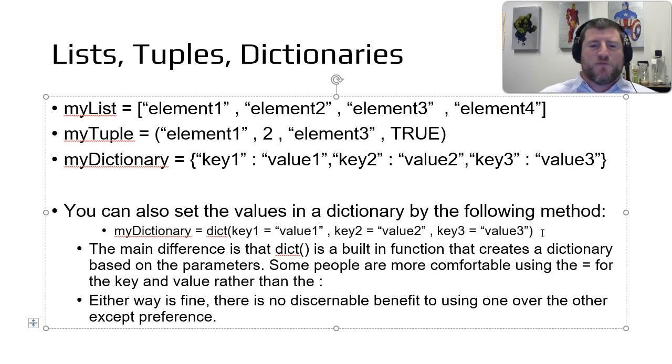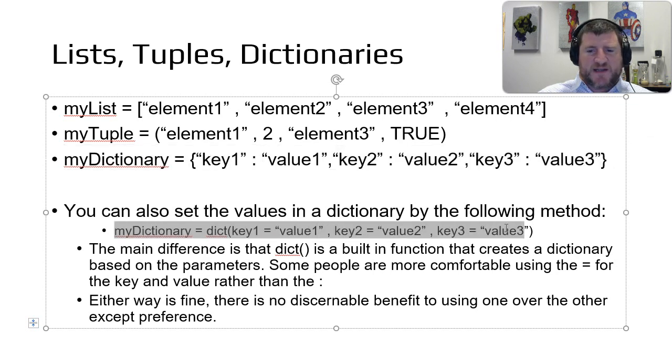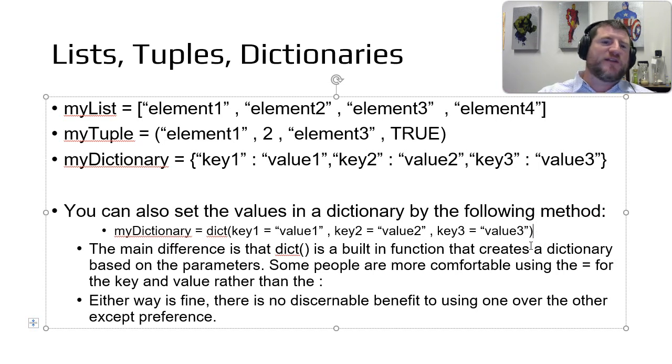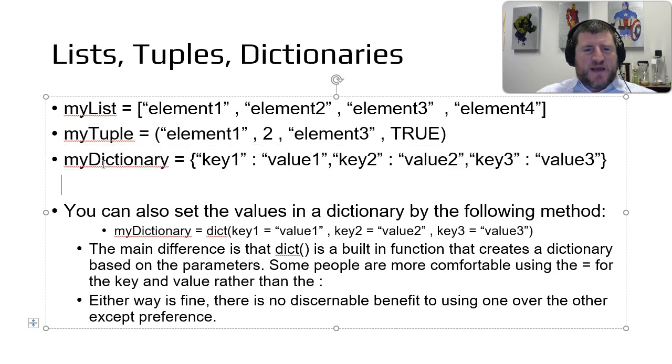Because you can add and remove, you can do different things with this, but the general idea is that defining it this way or defining it using the dict function, these are exactly the same thing. They result in the exact same thing. And I don't see a discernible benefit to using one over the other. It's just preference. My preference is this, just because it makes more sense to me.